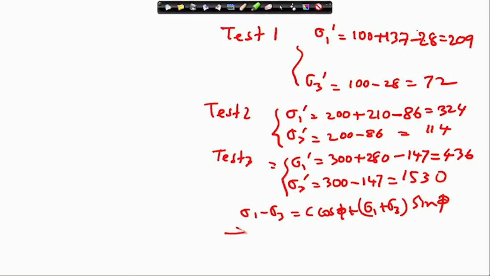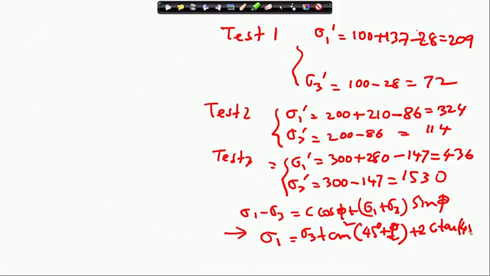If I simplify it in terms of sigma 1 directly, sigma 1 will be sigma 3 tan square (45 degrees plus phi by 2) plus 2 c dash tan (45 degrees plus phi by 2). So this is another form of the equation.